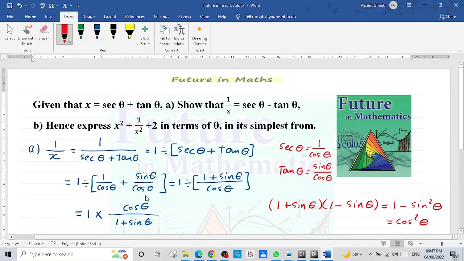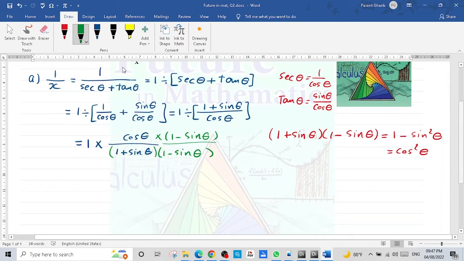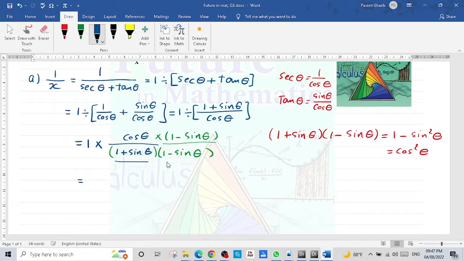So what we do here, we multiply up and down by 1 minus sine theta. It means we multiply by 1, because 1 minus sine theta over itself equals 1. For the denominator, 1 plus sine theta multiplied by 1 minus sine theta directly equals cosine squared.